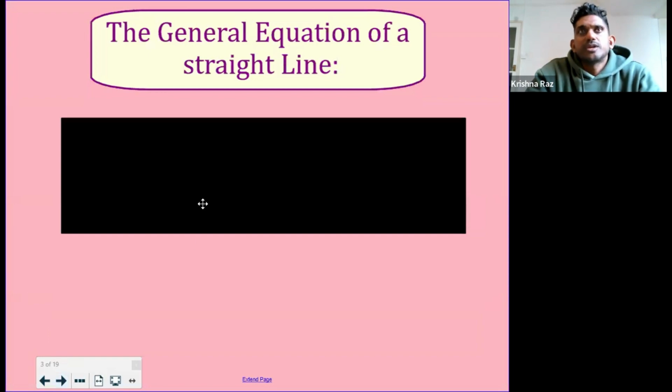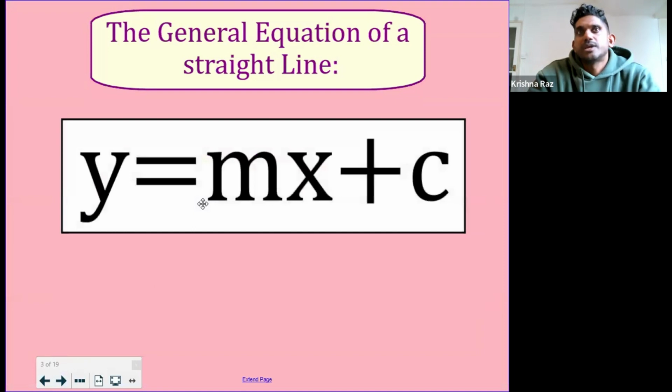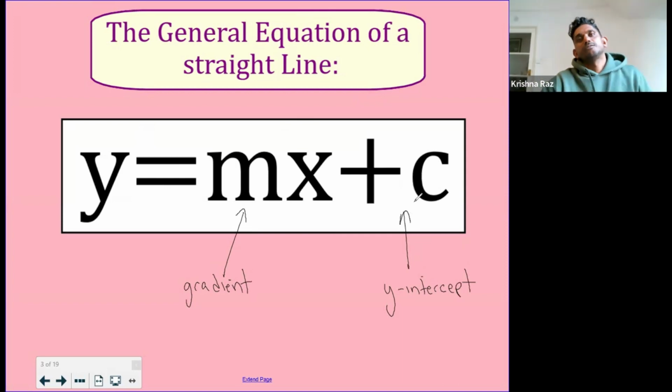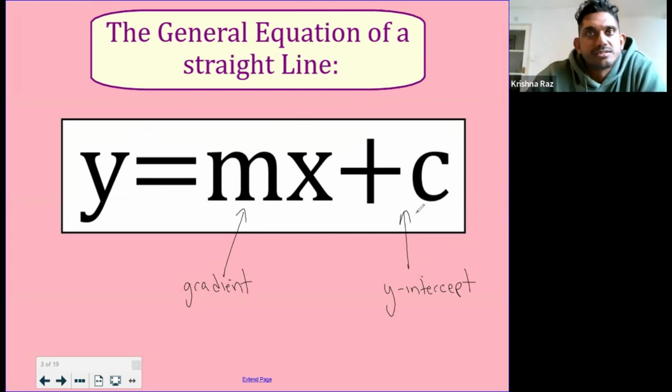So the general equation of a straight line is given by y equals mx plus c, where m is the gradient and c is the y-intercept. In other words, c is where the graph crosses the y-axis.